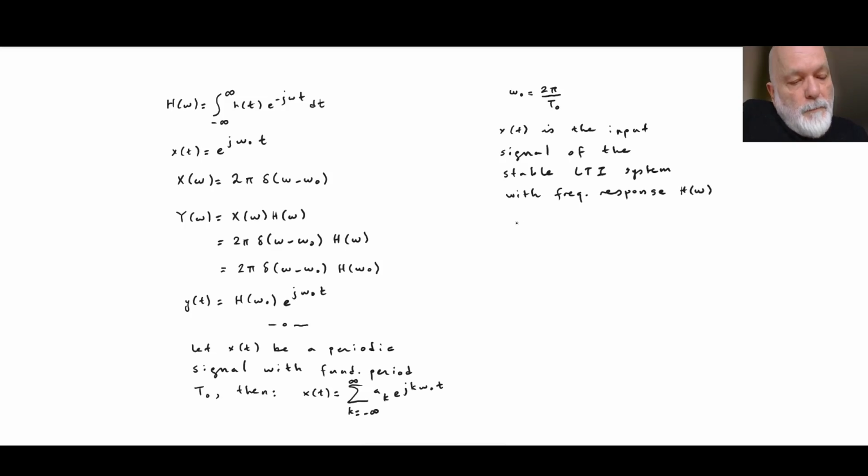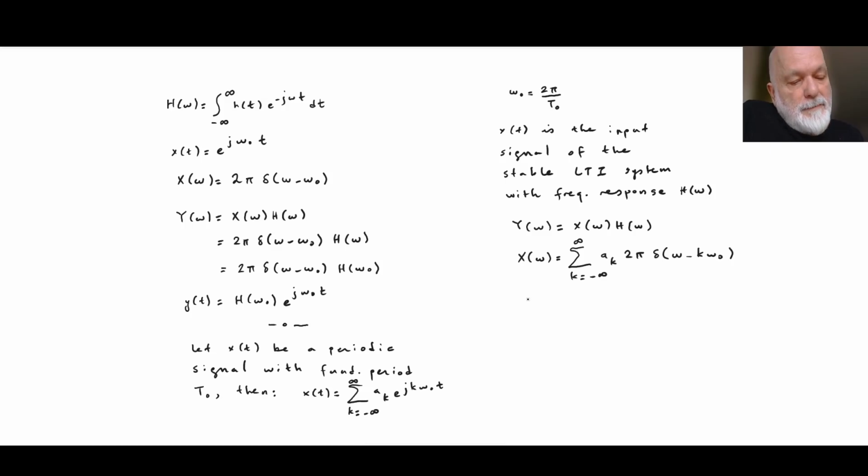So Y of omega will therefore be equal to X of omega H of omega, by the convolution property. X of omega is the Fourier transform of the Fourier series, which is the sum over k from minus infinity to plus infinity of a k 2 pi delta of omega minus k omega 0.